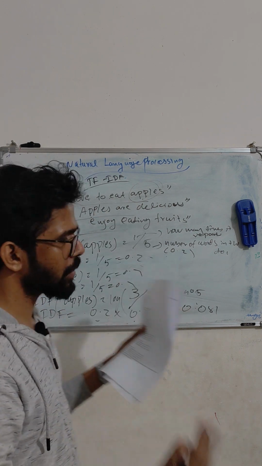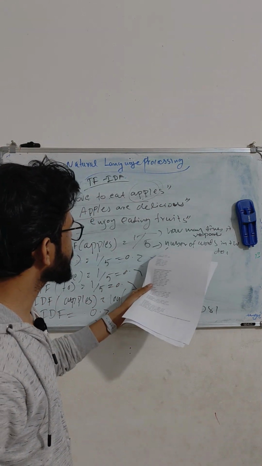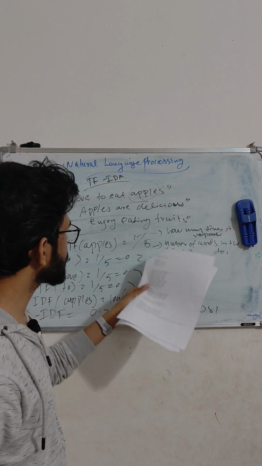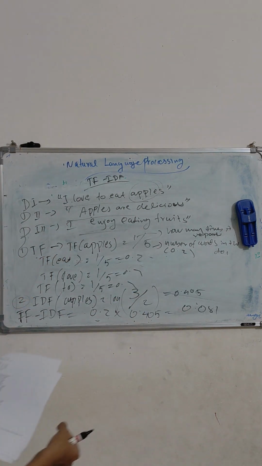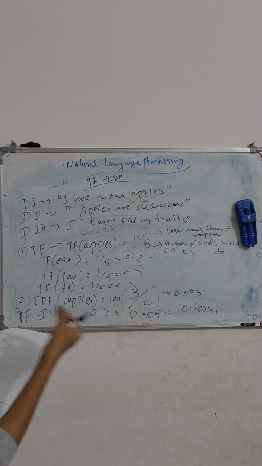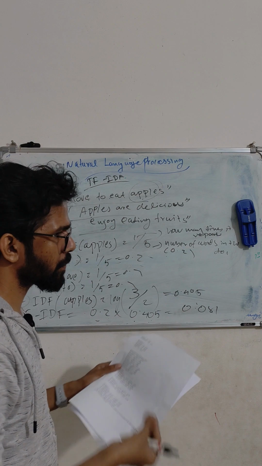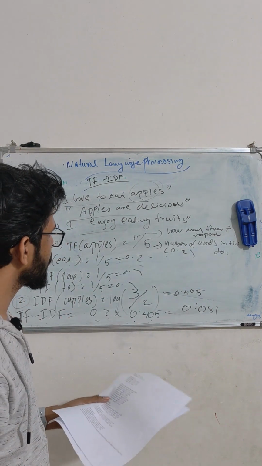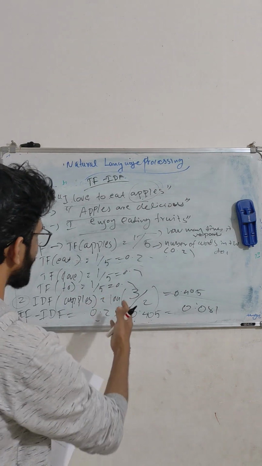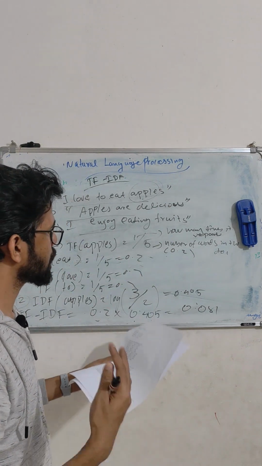First you have to calculate TF, where you divide how many times each word repeats in that individual document. Then for inverse document frequency, you take the log of how many documents there are divided by how many documents each word appears in.